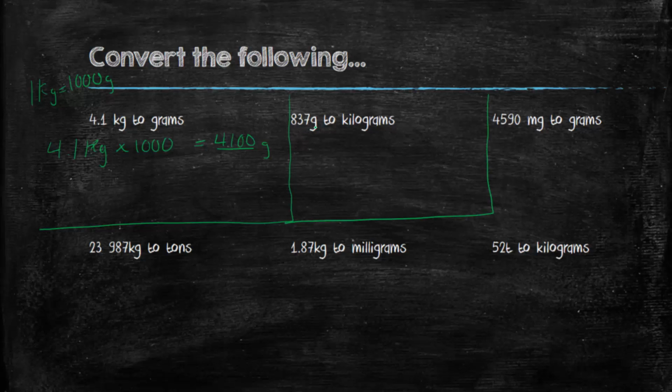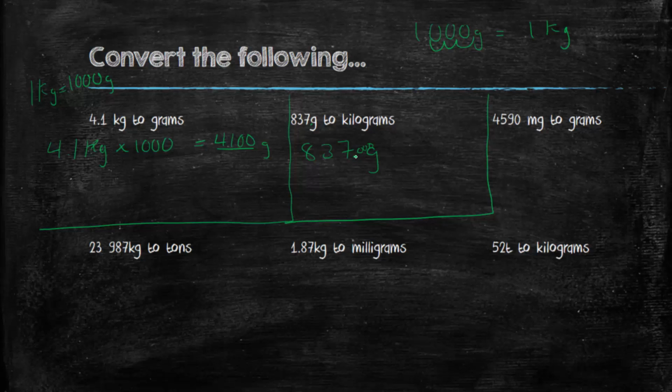Next question, 837 grams to kilograms. Well, we know every 1,000 grams is 1 kilogram. Another way of thinking of it is you look at the zeros. So 1,000 grams equals 1 kilogram. Well, what did we do here? We just moved the decimal 3 to the left. When we say 837 grams, there's actually an invisible decimal here with a bunch of zeros.